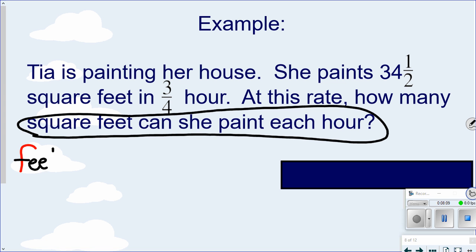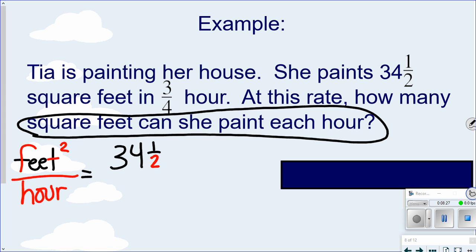So square feet, so feet squared per hour. Now you need to look to the problem to figure out how many feet squared. I read the second sentence. She paints 34.5 square feet. So 34.5, because it's square feet, is my numerator. In how many hours? Well, 3/4 of an hour. So that is my denominator.